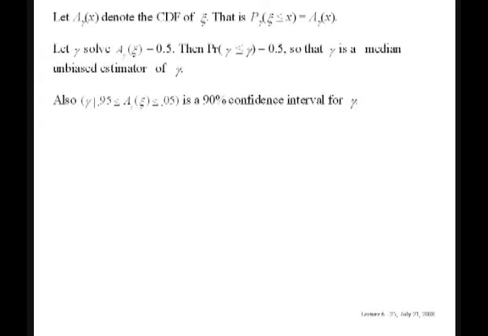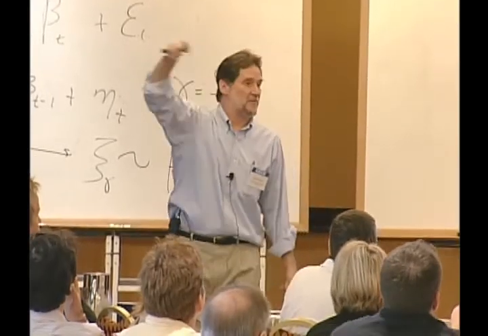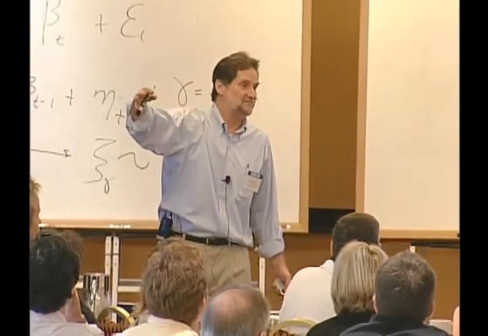Let's think about the median of the CDF. Let's find the value of x that makes the probability that the squiggle is less than x equal to 0.5. That's going to depend on gamma. If I have different gammas, I have different probability distributions, so the median of the probability distribution is going to change as I change gamma.